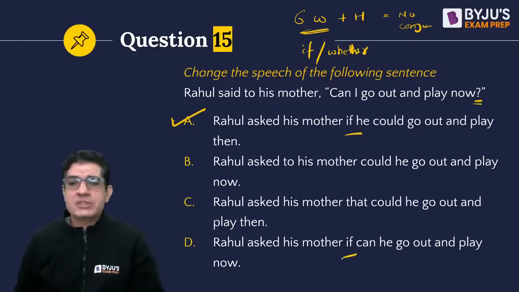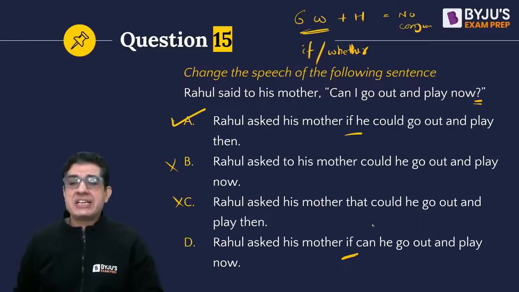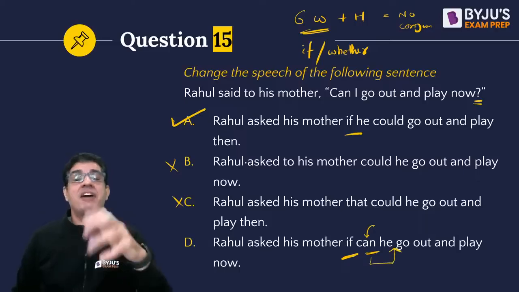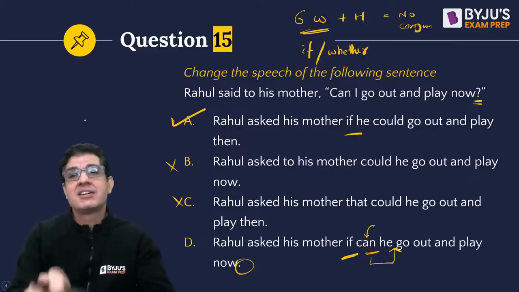So I see only 2 sentences which have gotten the conjunction right. B and C can be eliminated at this juncture itself. Then the problem with D is that we needed to change this can into could. Moreover, even the location of the helping verb should now be after the subject, because it is no longer a question but an assertive sentence, and that is what makes A grammatically correct.